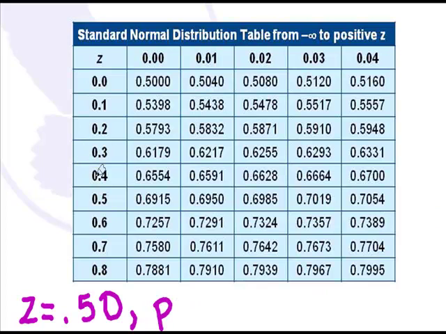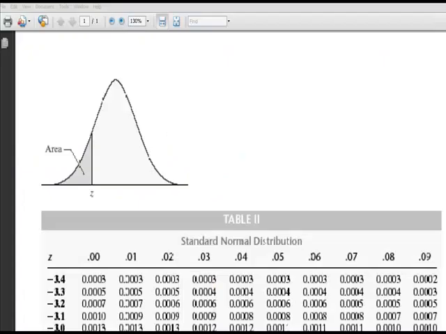And you would tell me 0.50 gives a probability or a percentile or a probability to the left, area to the left, those all mean the same thing, of 0.6915. This is the z-table that I prefer to use because this one actually gives you positives and negatives. And if I can truly highlight for you the bell curve here at the top, the area that they're referring to is what I said. It is, in fact, to the left.